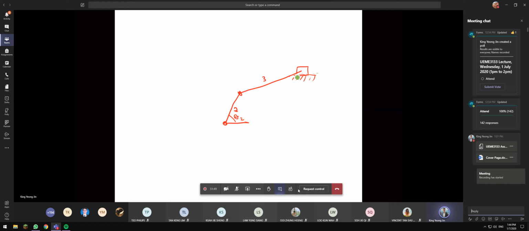I can still have the same offset, but now my slider is in this position, and then my link 3 can be this way.